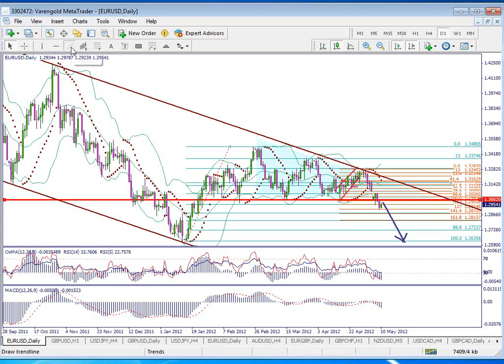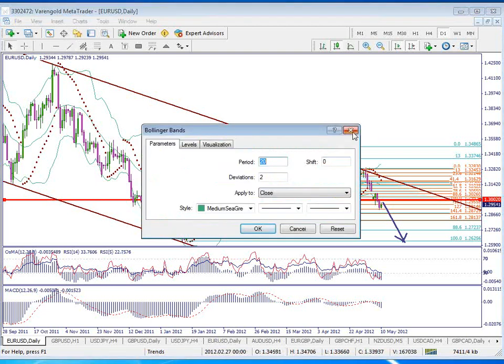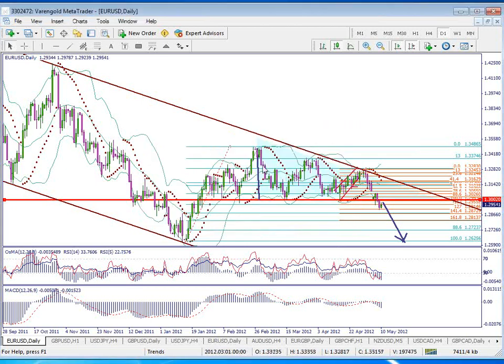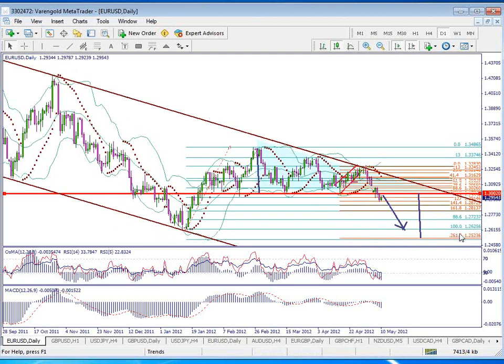And the next target will be this high of the triangle, so probably it will be very close to touching the 261.8 Fibonacci level.